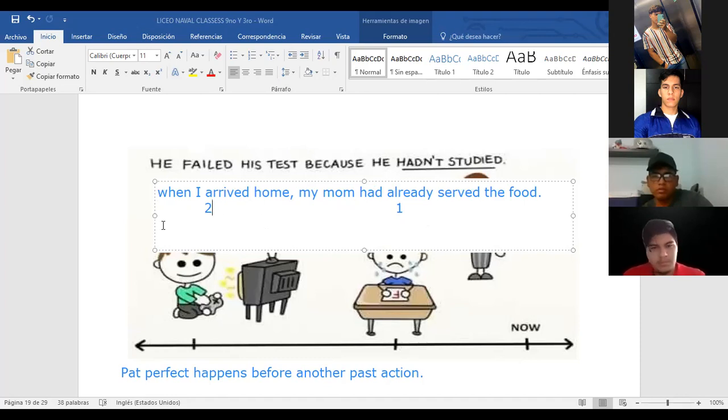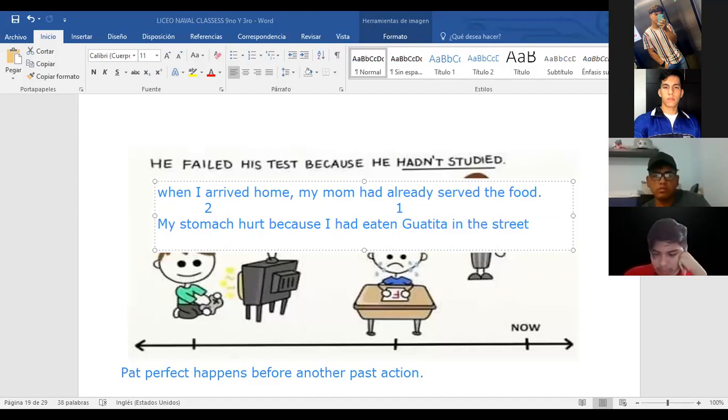And also the past perfect serves to give an explanation. For example, I copy this, guys. My stomach hurt because I had eaten guatita in the street.